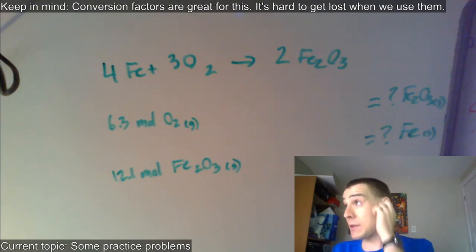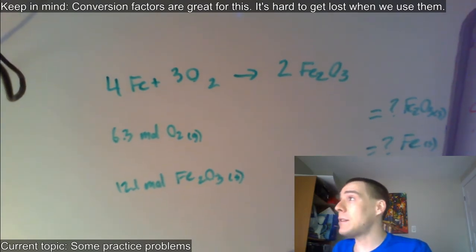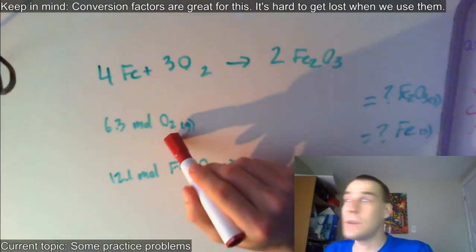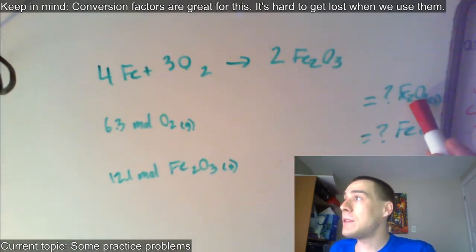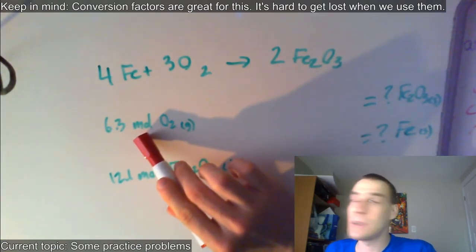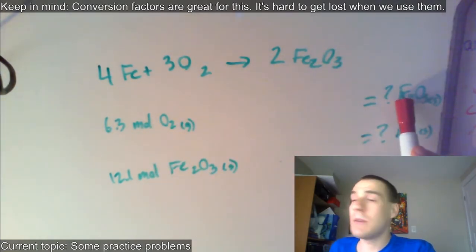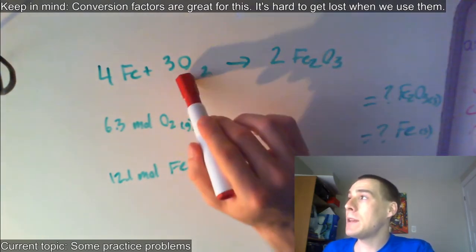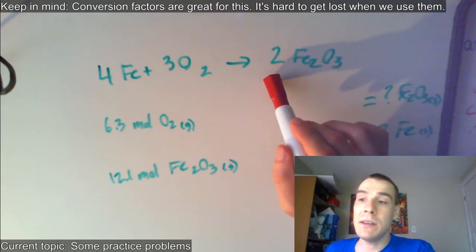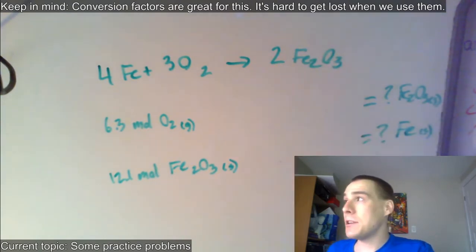And here's how it's going to work. We are going to create some ratios. Here is O2. We want to go to Fe2O3. I have 6.3 moles of O2. How much Fe2O3 can I make? Well, when we look here, it's 3 O2 for every 2 Fe2O3, which is a fraction.